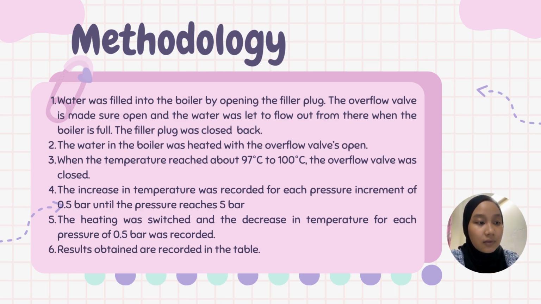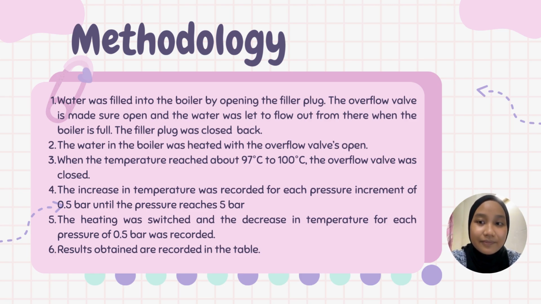Basically, after we take the temperature from 0.5 bar to 5 bars, we switch off the heating, and then we take the temperature from 5 bars, and then 4.5 bars until 0.5 bar. So the increment and decrement. Lastly, the results obtained are recorded in the table.